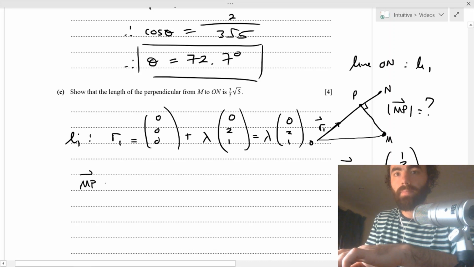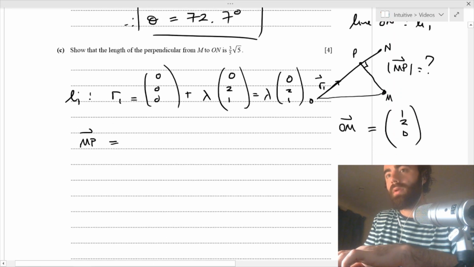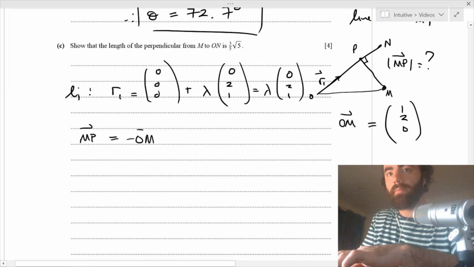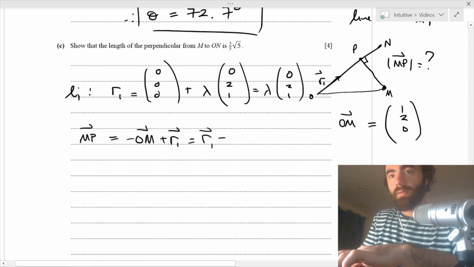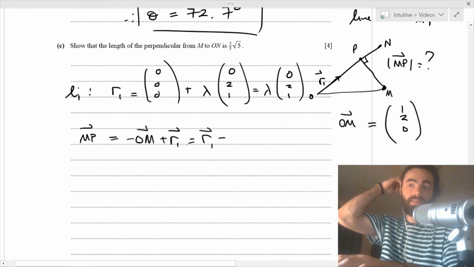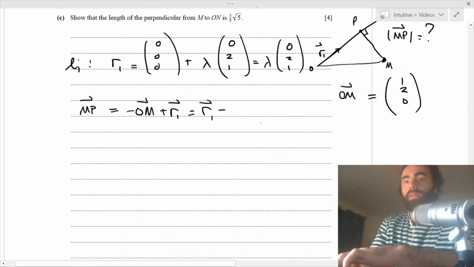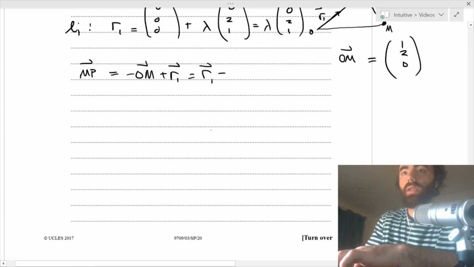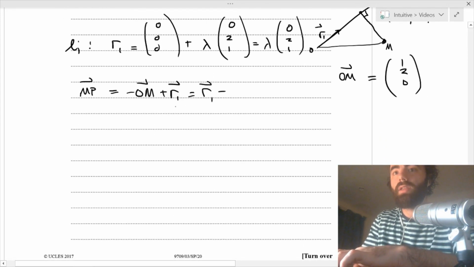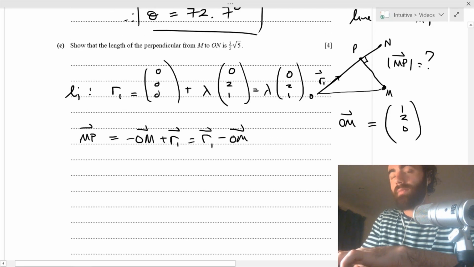MP is equal to minus OM plus R, and the reason I'm not explaining this in detail is because I've gone through it before. I'm just showing you how it's done, because R defines this line. So R minus OM defines PM, the length PM.